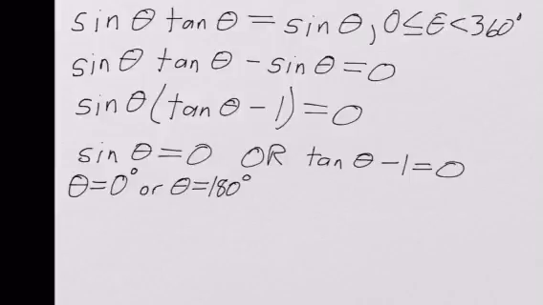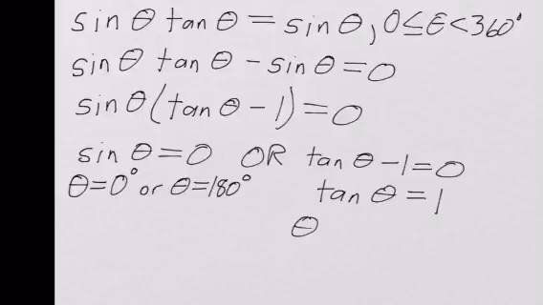Now, with the tangent of theta minus 1 equal to 0, we first want to add 1 to both sides. And then we know that the tangent is positive in the first quadrant and the third quadrant. We also know that our reference angle here has to be 45 degrees because we know the tangent of theta is 1.